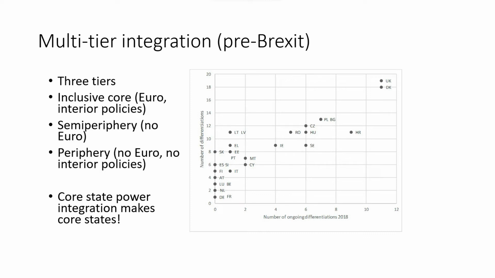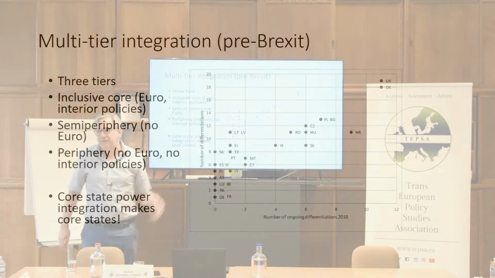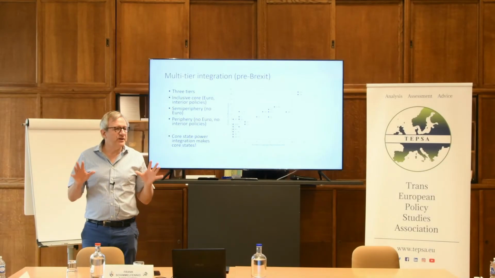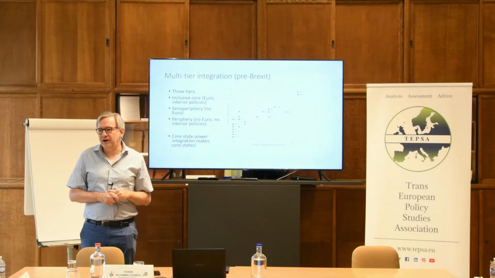And here we have the number of differentiations that countries have had in their history of membership. And you can do that in 2018, you can do that in 2015, 2010, 2005. The picture is really always rather similar.